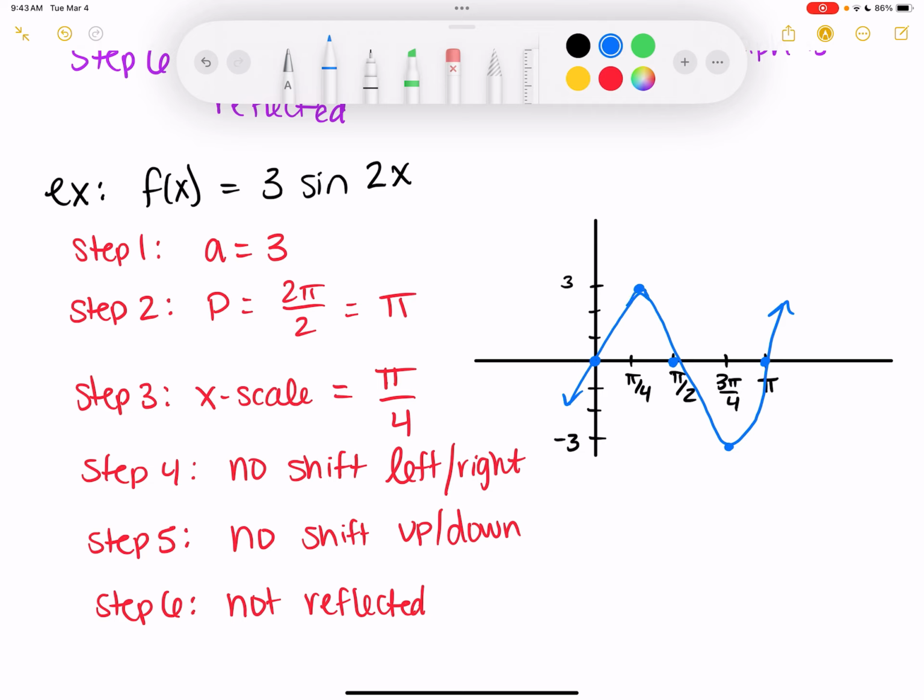And we always draw the arrows showing that they keep going. If you stop at those points, I will take points off because the graph doesn't just stop. So that's all that's happening to this one. Since there were no shifts and no reflections, I'm done. These should be the easy ones, because nothing's happening to them.